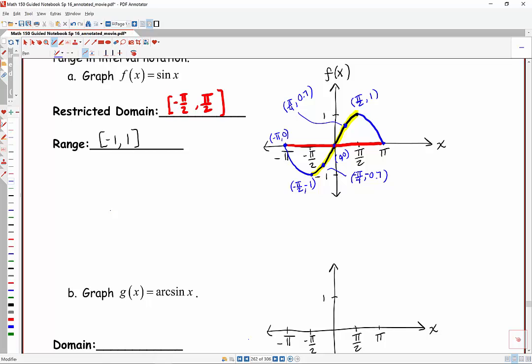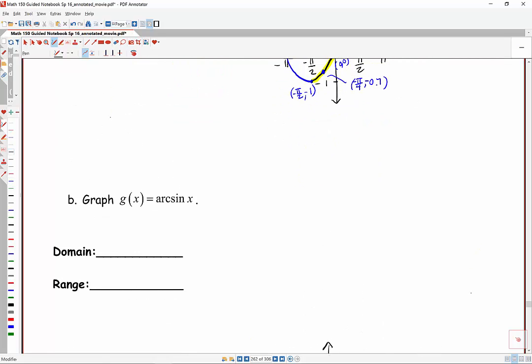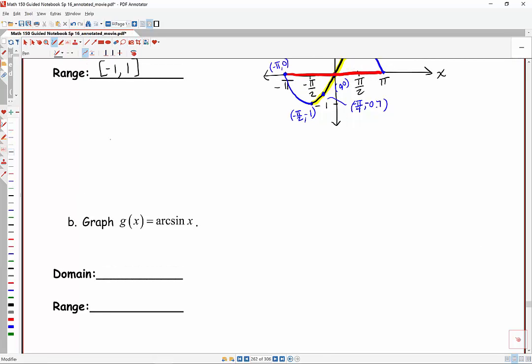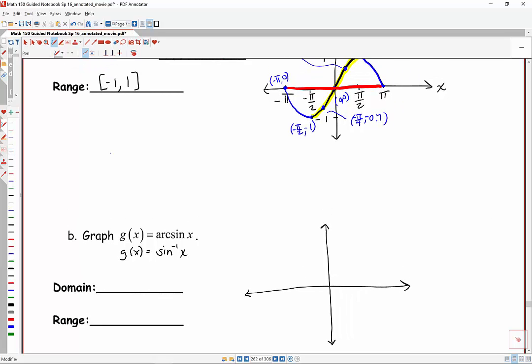All right, so coming back over here on our inverse graph, for the arc sine, you can also write it like this. You'll see it both ways. We've got something like this going on, and so remember that your axes are going to flip.